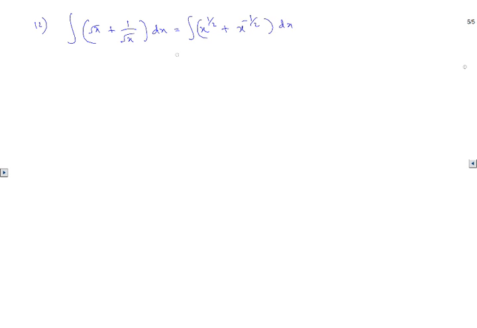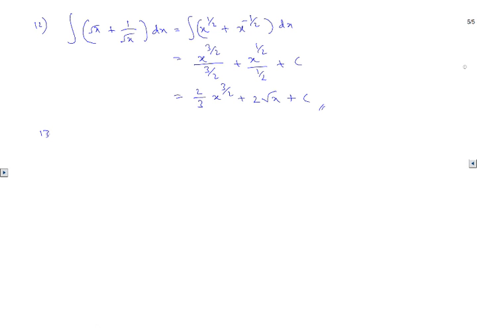If you do it one by one, you add 1, so it becomes x to the 3/2 divided by 3/2, plus you add 1, so x to the 1/2 divided by 1/2, plus c. Divide means multiply upside down. So it's clear. You want to simplify all the way down like that.